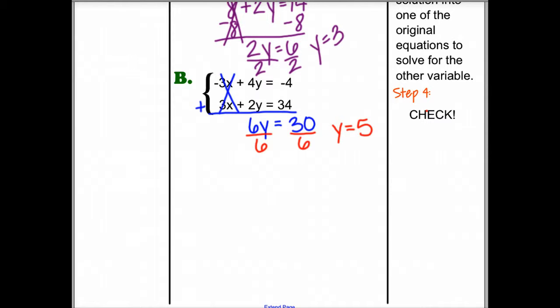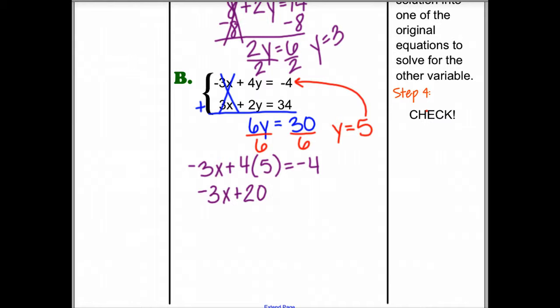I'm now going to put that into my first equation. Like I said, if you want to put it in the second one, go right ahead. That gives me negative 3x plus 4 times y, which is 5, equal to negative 4. So now I have negative 3x plus 20 equal to negative 4.